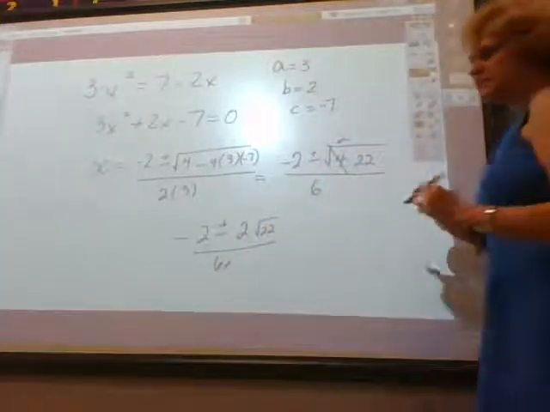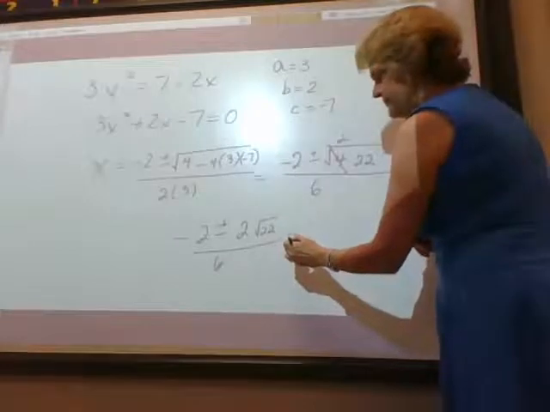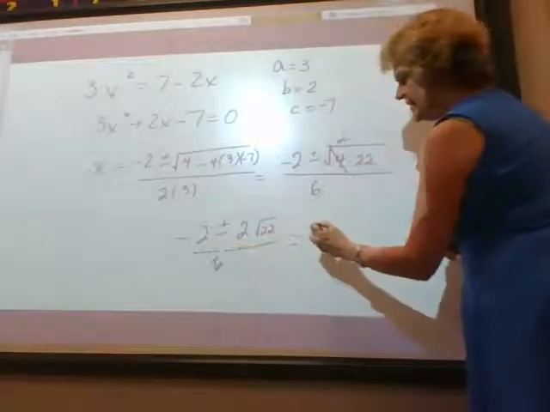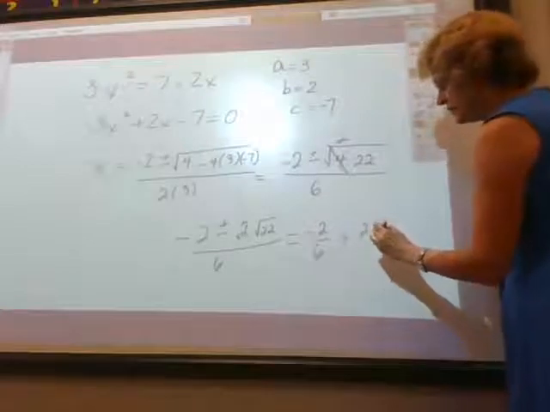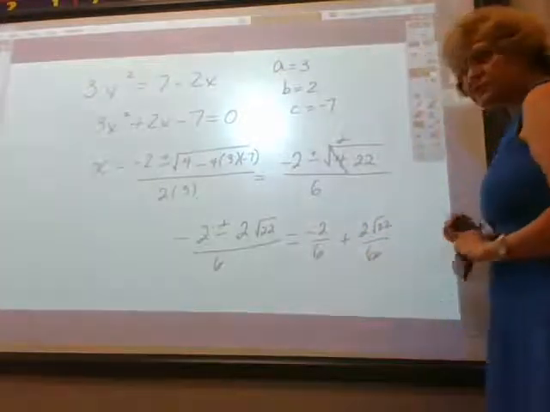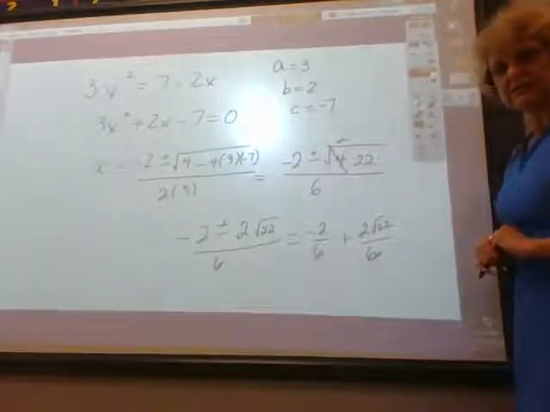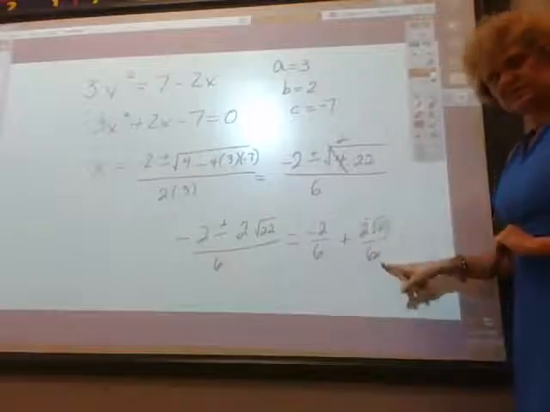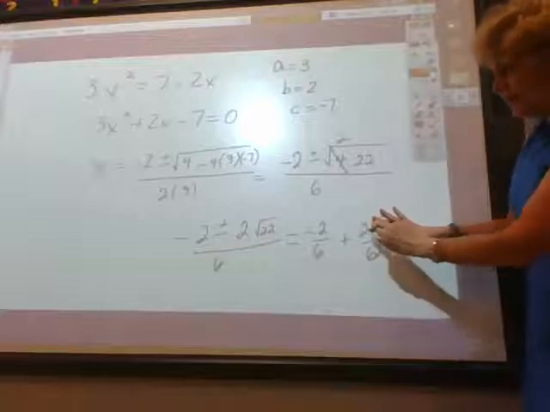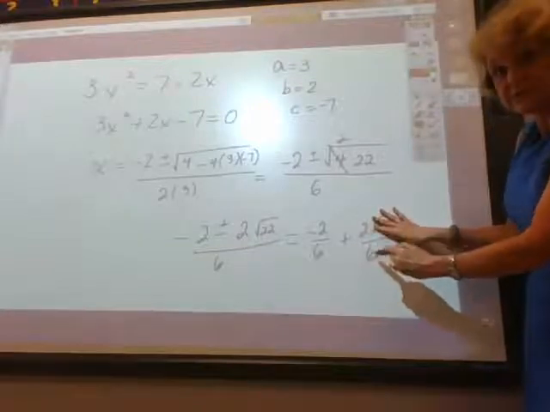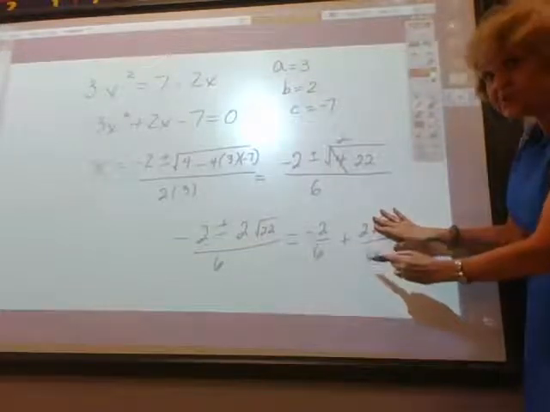Now think about this a minute, everybody. This is like saying negative 2/6 plus 2 radical 22 over 6, isn't it? Now can't I reduce each of these? Now I can't reduce 6 into the radical, but I can reduce 2/6, right? Those are both integers.